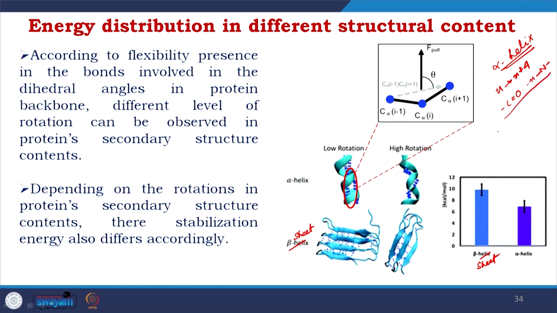So, they are internally stabilized. As an individual unit, the alpha helix represents the most stable secondary structure.